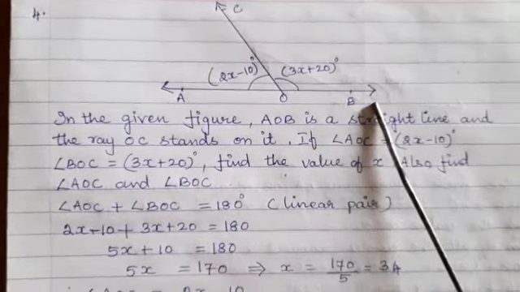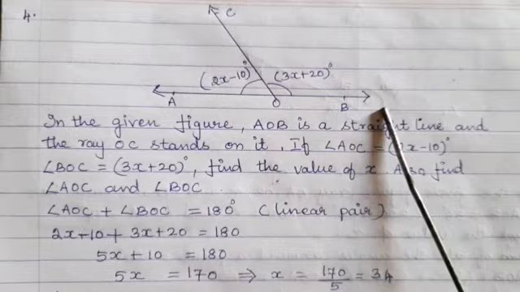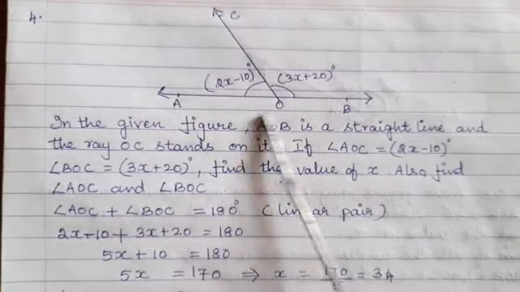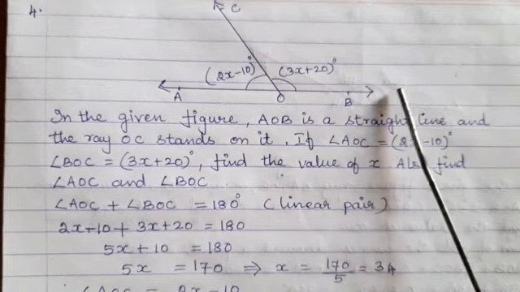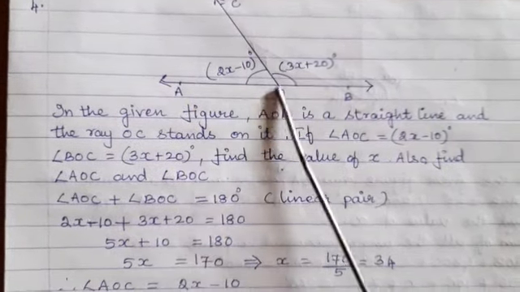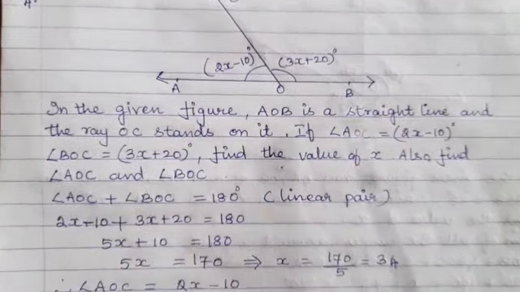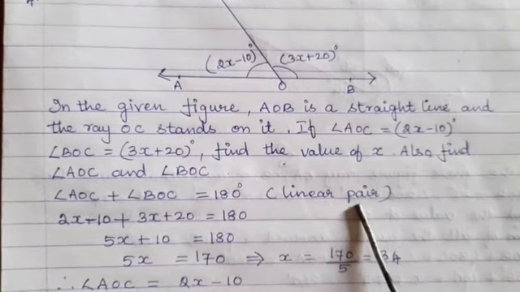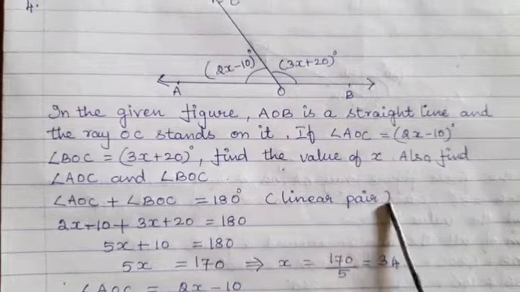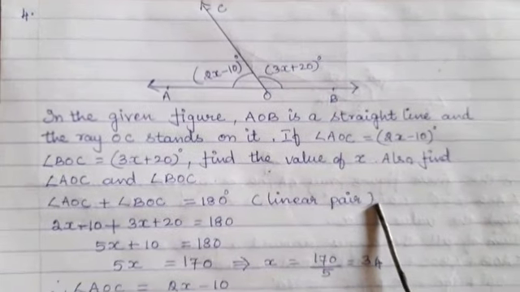We know the formula for a linear pair of angles: when a ray stands on a line, the sum of the two angles is equal to 180 degrees. So angle AOC plus angle BOC is equal to 180 degrees. What is the reason? The linear pair property. You have to write it in brackets.